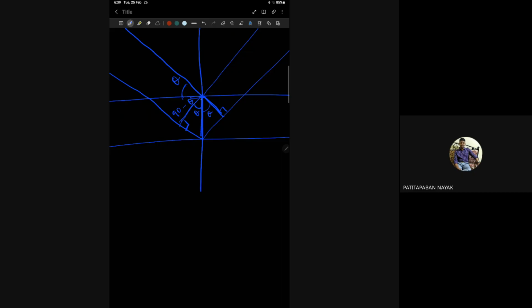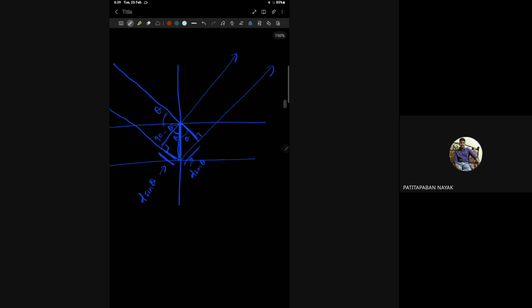But what is this part? This is d, and this is theta. So this part would be d sin theta. Similarly, this part would be d sin theta.